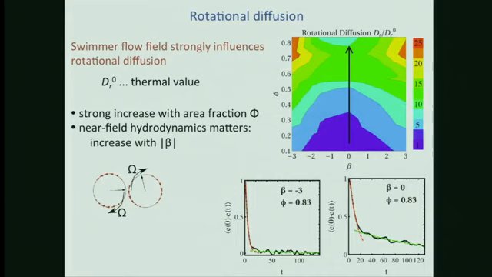What you see here in this color-coded picture is that with increasing volume fraction, or actually area fraction, you get an increase of the rotational diffusion constant, but also when you change your beta, with a large magnitude of beta, you even get up to a factor of 25 compared to the thermal diffusion of an isolated particle. So that means this is set up by the hydrodynamics of the particles.